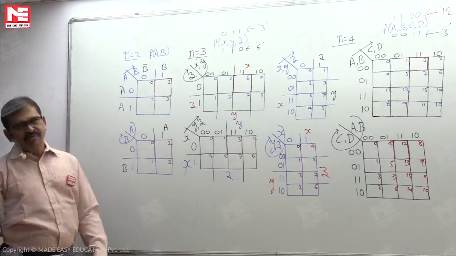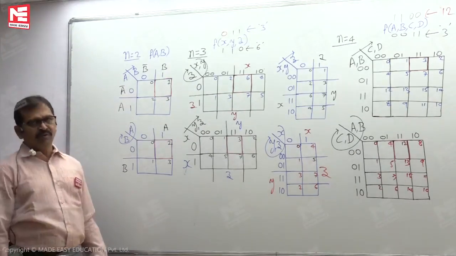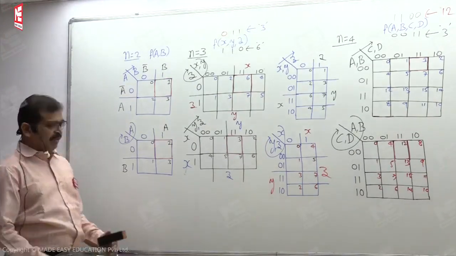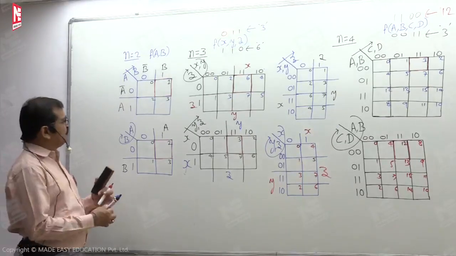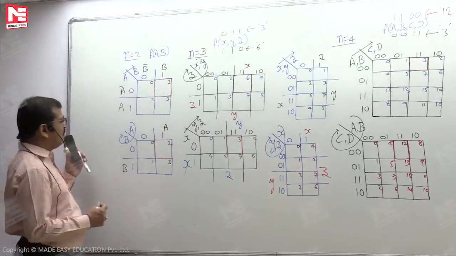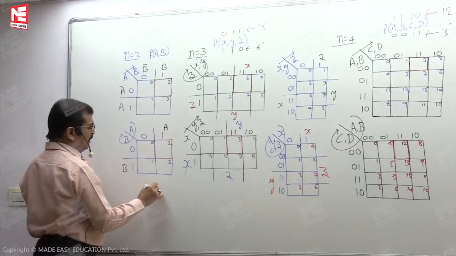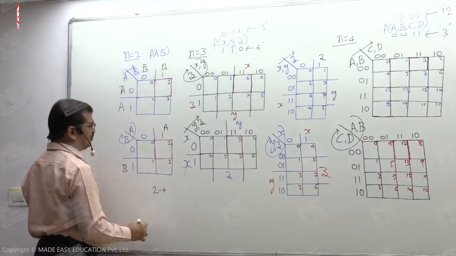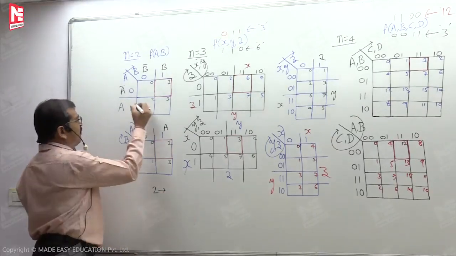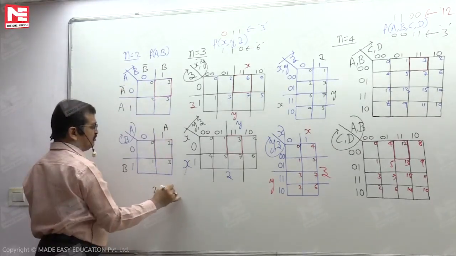Before going to use these K-maps, I have to look at a few more points from these K-maps. Suppose we are writing the product form, for example for this cell 2. The product form for this cell 2, if you write, we read as A B complement.